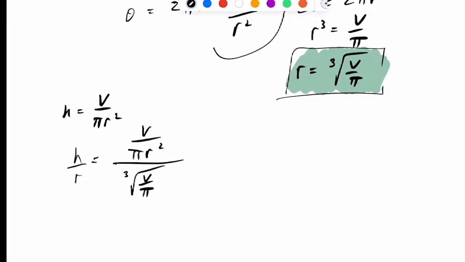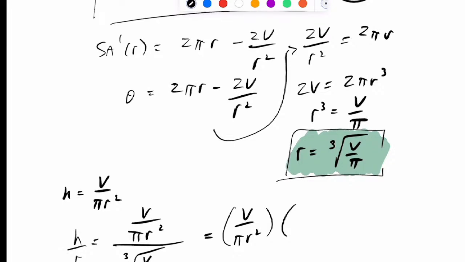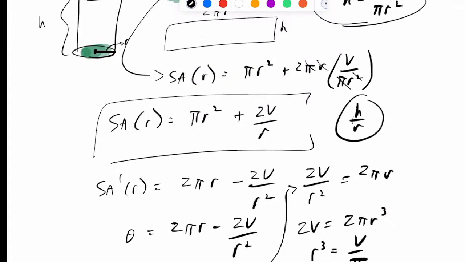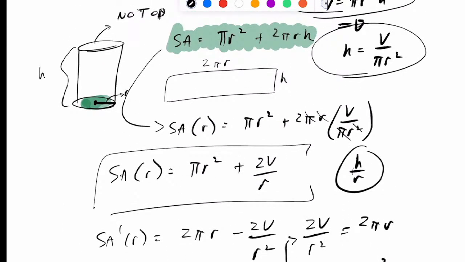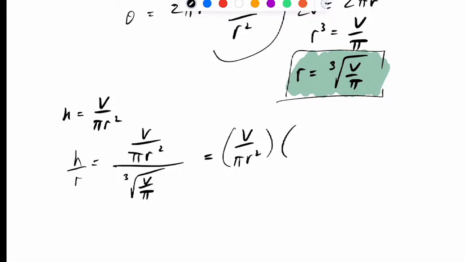So if I do this, does this help us at all? h is v over pi r squared, that works.